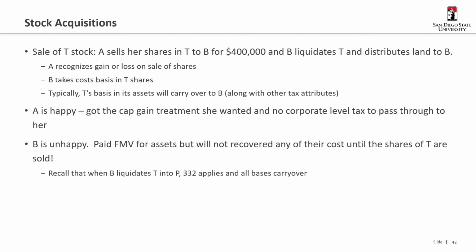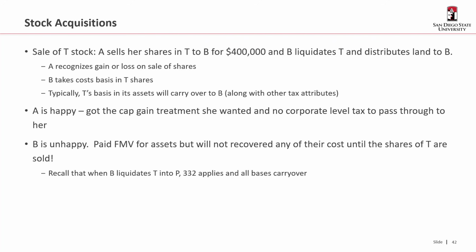The difference is B takes the cost basis in T shares. So that's the carryover basis. So even though in this case it was land, I think, but even if it is land, B paid $400,000 for it, but they only get basis in it for what the carryover basis was. Remember, that was zero. So A's super happy. They get cap gain treatment, no corporate level tax. B's super unhappy.